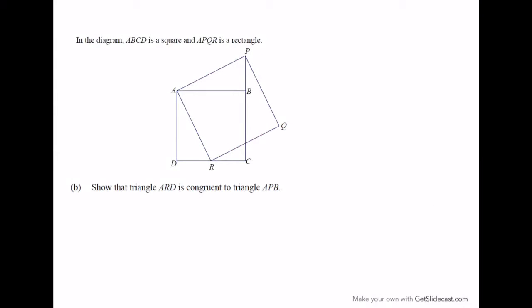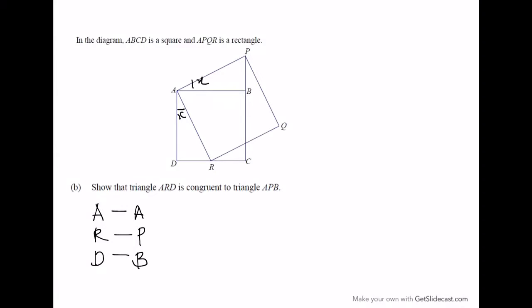Now we already know that angle DAR is X, the same as angle BAP, which is also X. Now, show that triangle ARD is congruent to triangle APB.